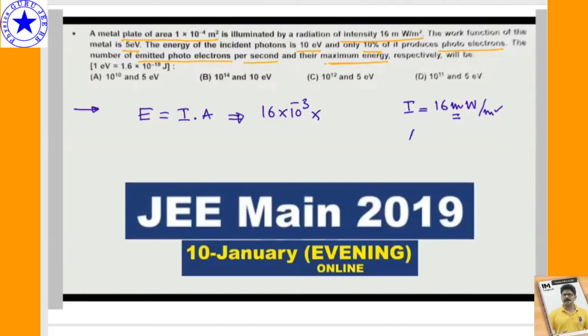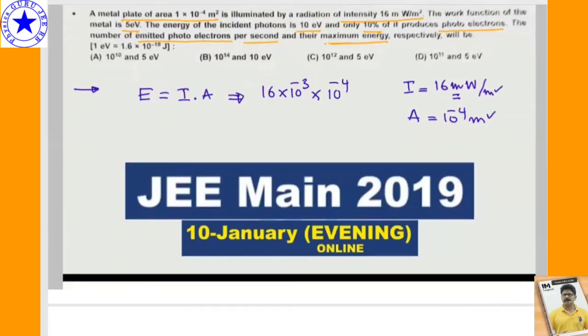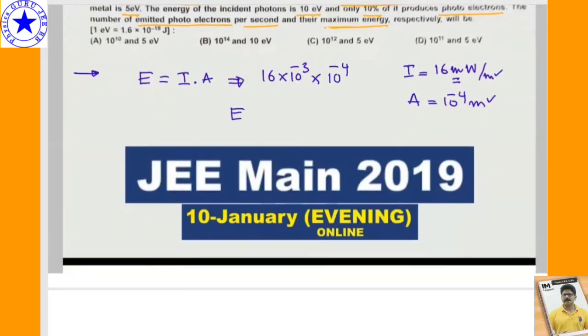The area A equals 10 to the power of minus 4 meter square. It is in the same units, no need of converting. Okay, energy we got. Energy is equal to 16 into 10 to the power of minus 7 watts.